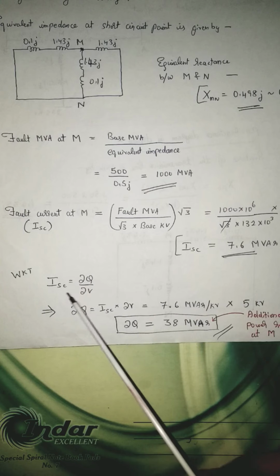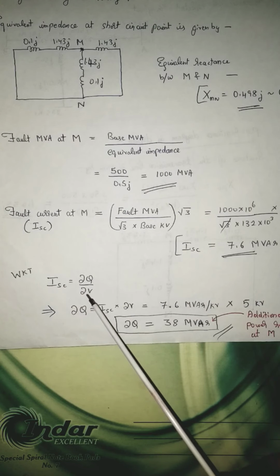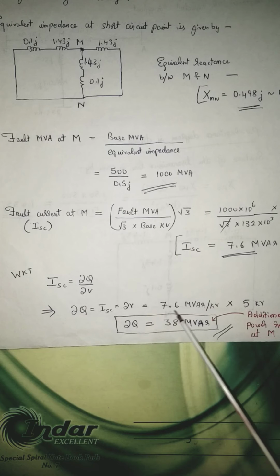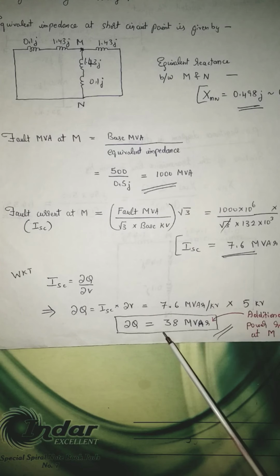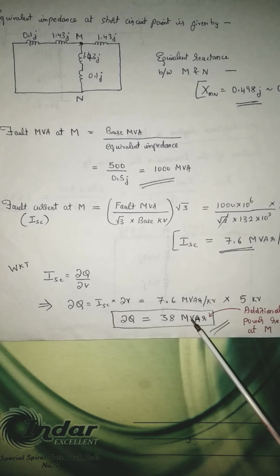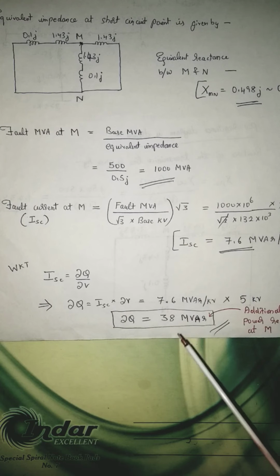So dou Q will be ISC into dou V. ISC, the short circuit current, we have already got as 7.6. When multiplied by 5 kV, it gives me 38 MVAR, since MVAR per kV into kV gets cancelled. So the additional reactive power that you need to inject to compensate for the 5 kilovolt drop is 38 MVAR.